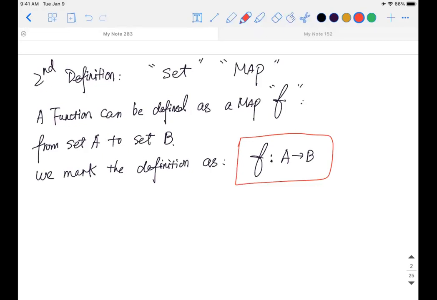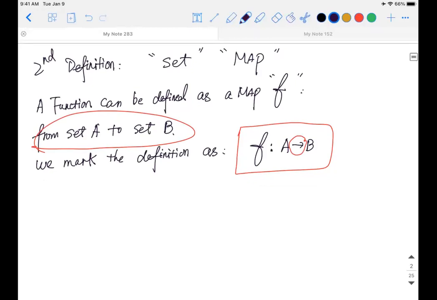The map is actually defined from one set to the other set, from A set to B set. Because we use the words from set A to set B, this is a directional thing. From A to B and from B to A are considered two different things, so we use such an arrow pointing from A all the way to B.